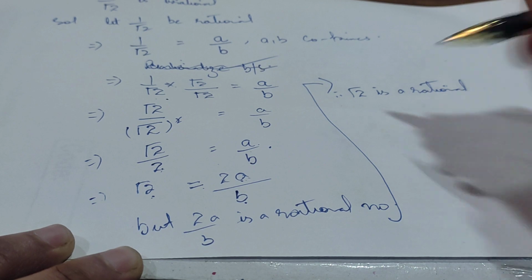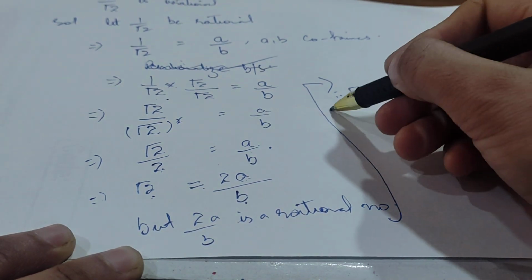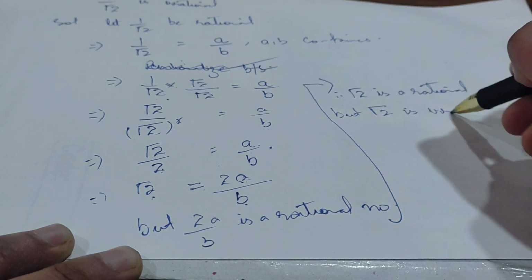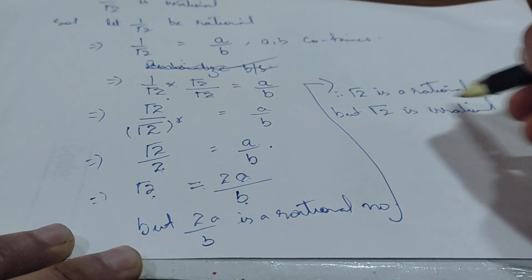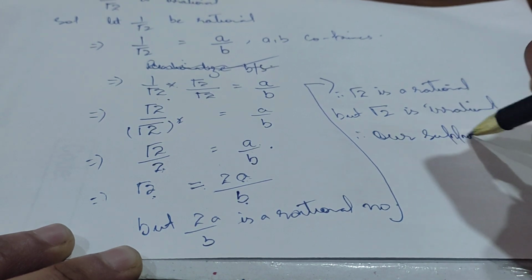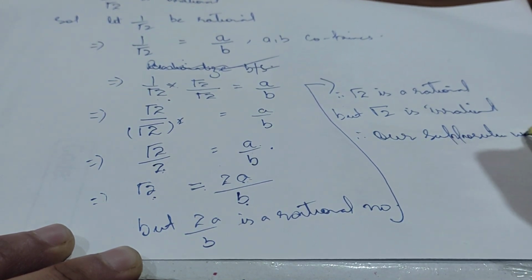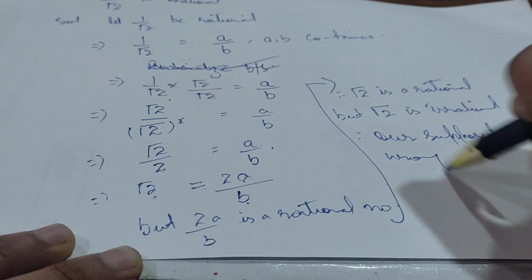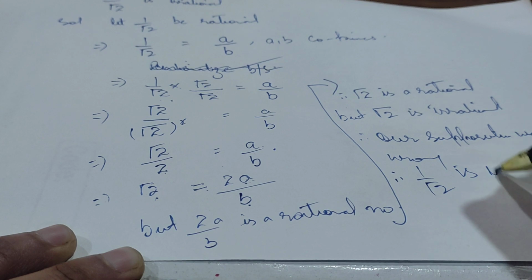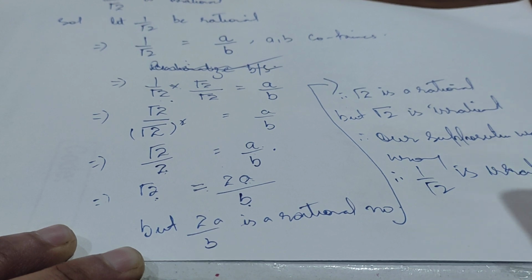But it's a contradiction, because we know that under root 2 is not a rational number, but irrational. Therefore, our supposition was wrong. Therefore, 1 by under root 2 is irrational. Okay? Clear?